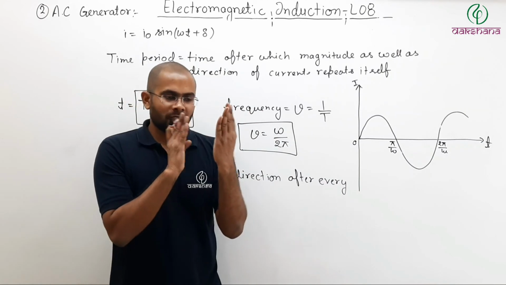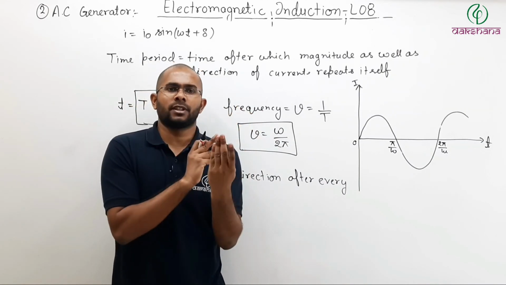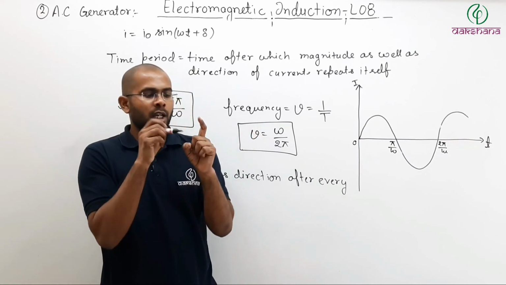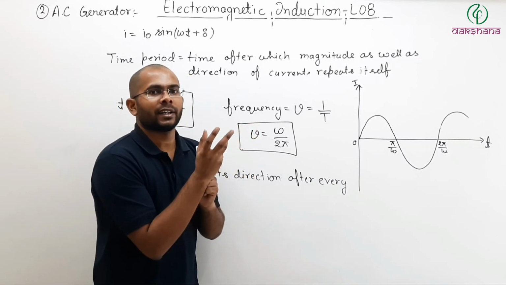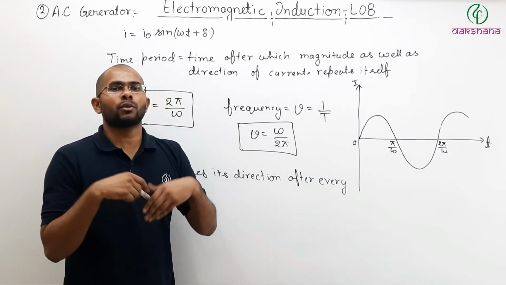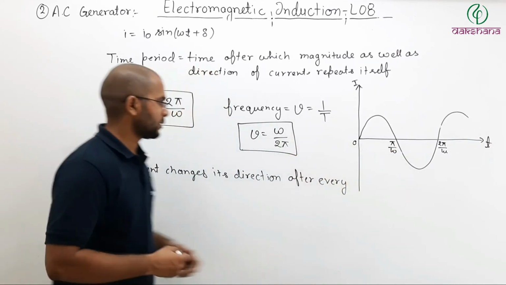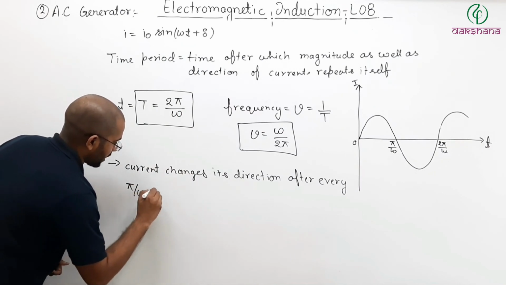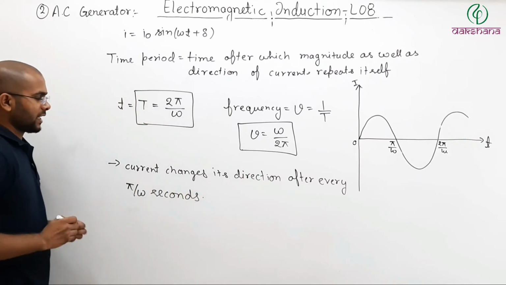Because if you remember, after 180 degree rotation, the direction was reversed. So if you have to reverse the direction of current, your coil should rotate by how much angle? 180 degree. So how much time will it take to rotate 180 degree? Pi radian divided by omega. So after every pi by omega seconds, like this. So that is your time.